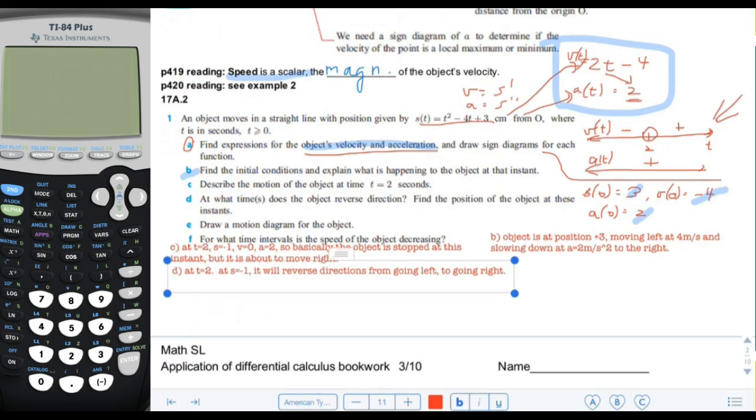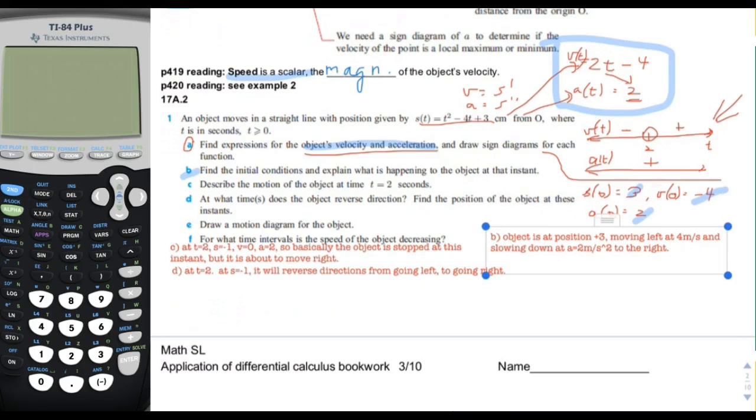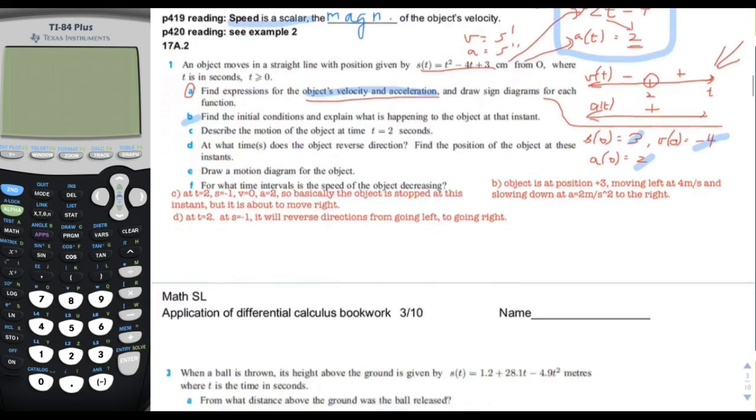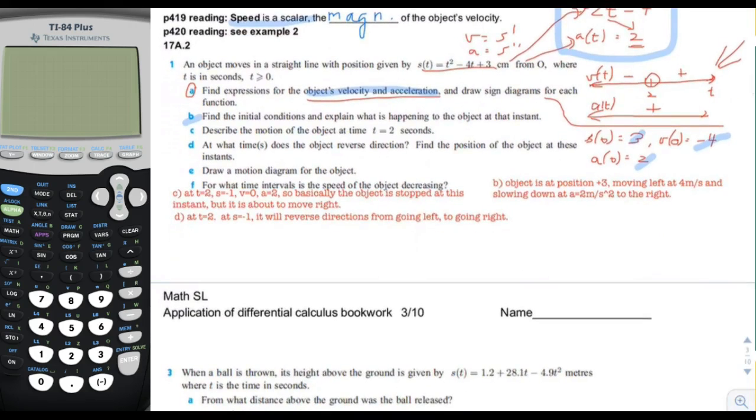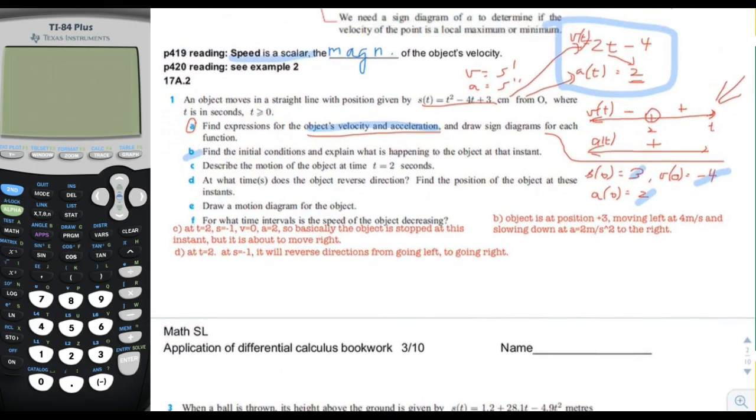Okay. So a motion diagram is basically like a number line with arrows or something. So let's draw one here. So basically, at t equals 0, we know that the position is 3, right? If you put 0 in for the t's, you're going to get 3 out.